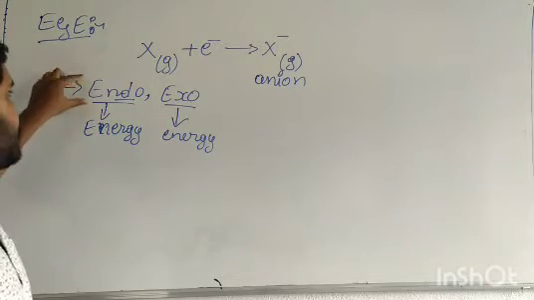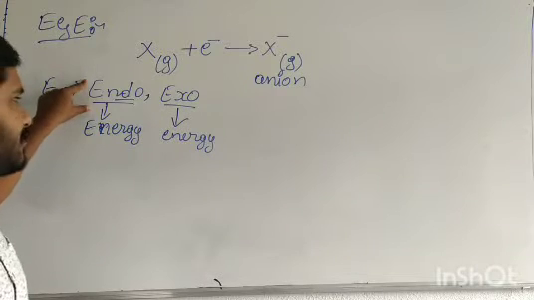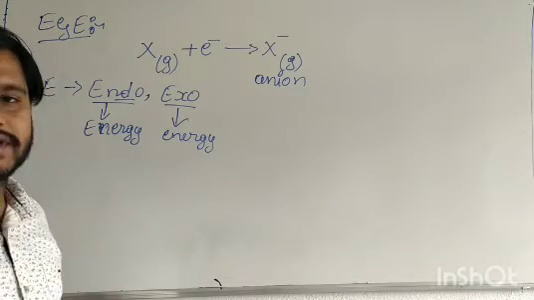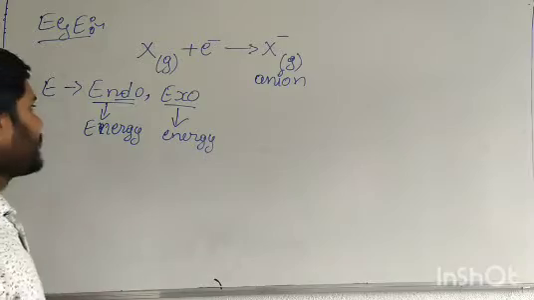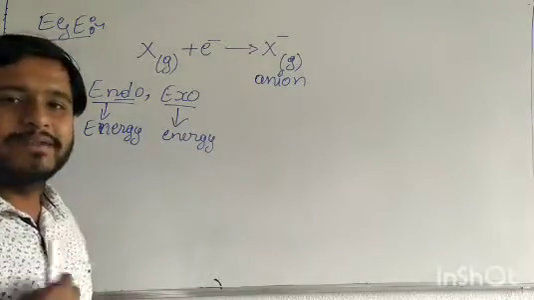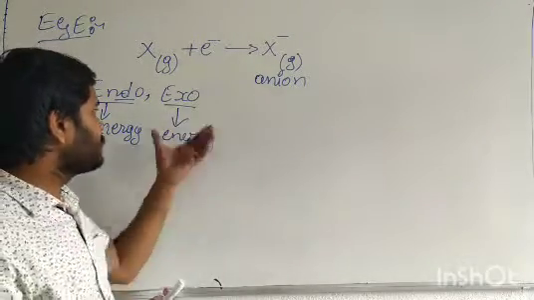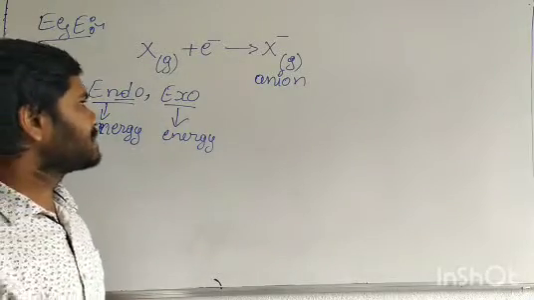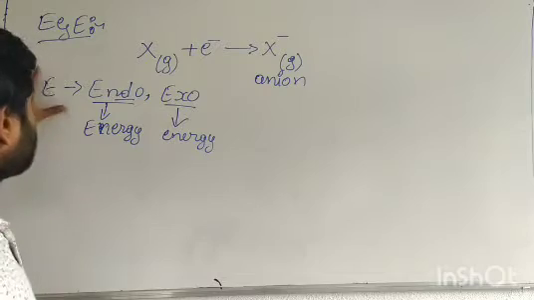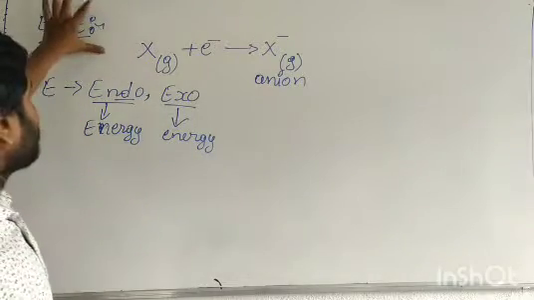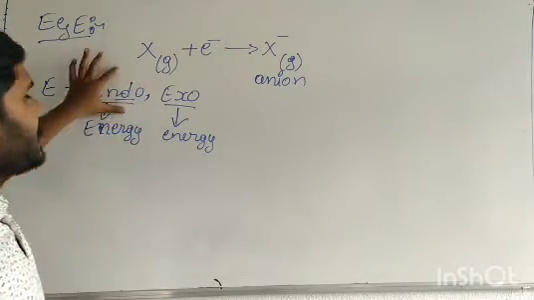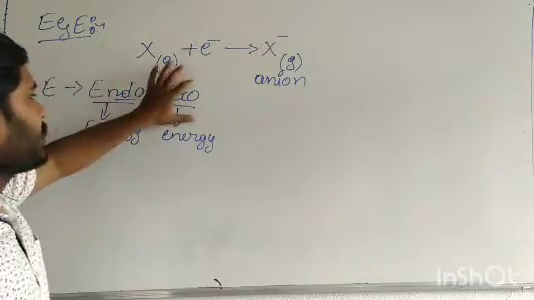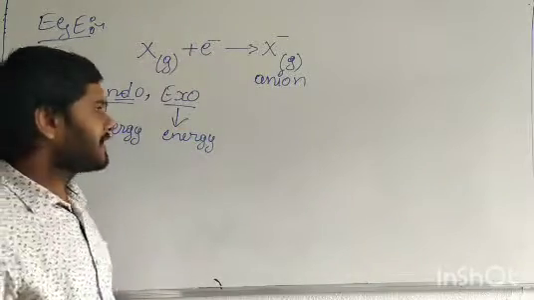A reaction that absorbs energy is an endothermic reaction. A reaction that liberates some amount of energy is an exothermic reaction. Based on the nature of the element, electron gain enthalpy may be endothermic or exothermic.